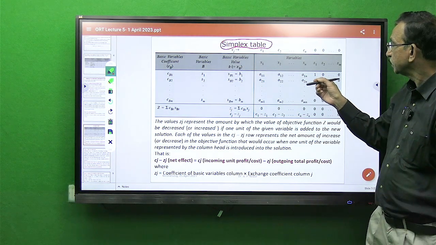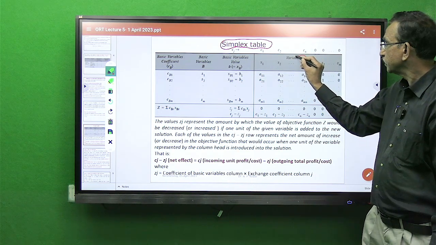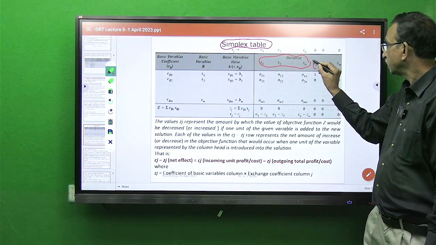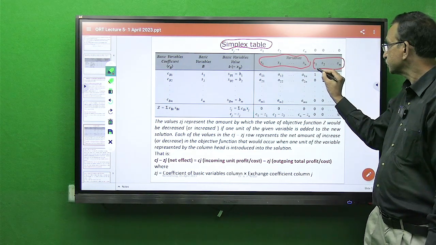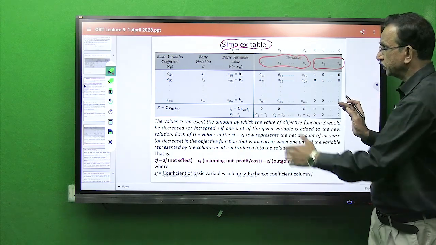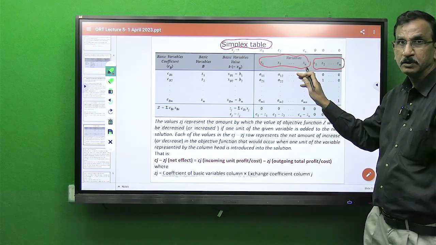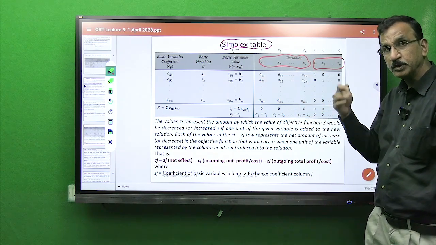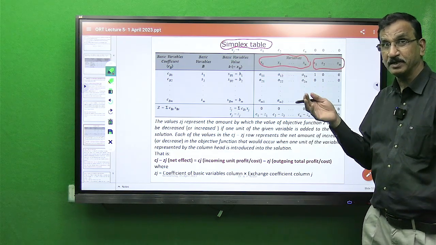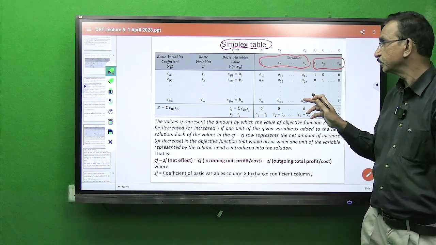See here, one is this part, other is this part. The extreme half of this table talks of the actual variables which are in the problem during formulation, which we have assumed: let x1, x2, x3, xn be the units of particular things being produced.